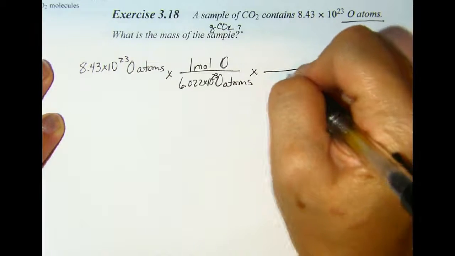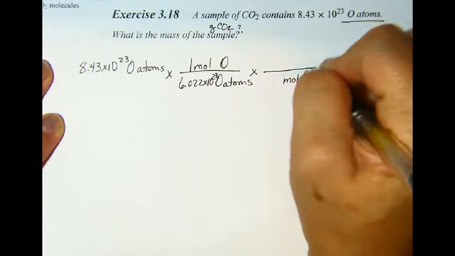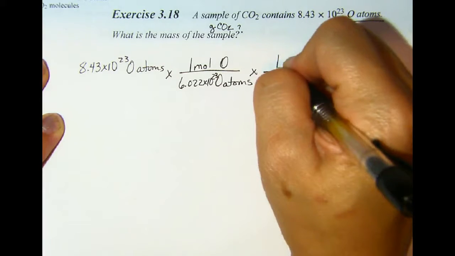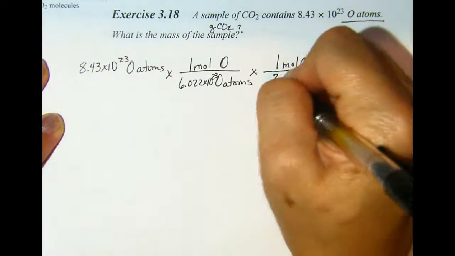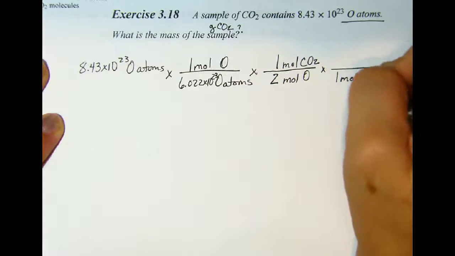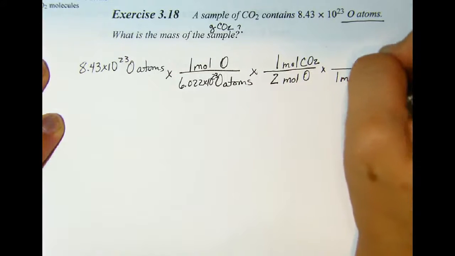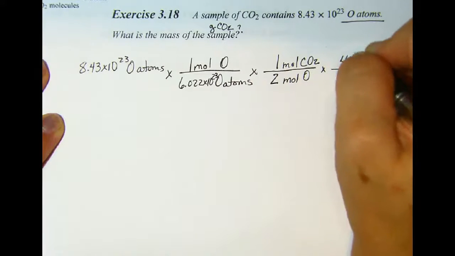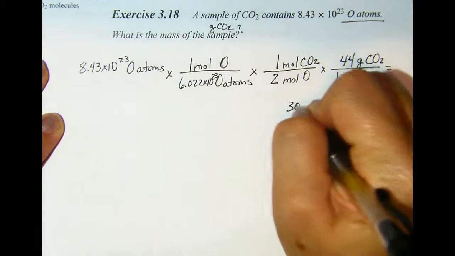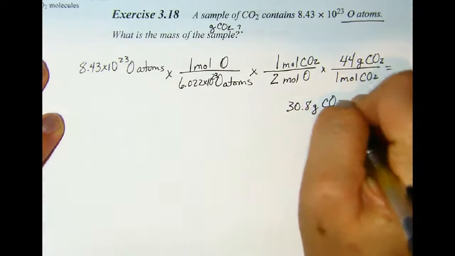And then you could do a mole-to-mole ratio from moles of oxygen to moles of CO2, because in 1 mole's worth of CO2 there are 2 moles of oxygen. And then from here I can go from moles of CO2 to the molar mass from the periodic table, which is 44, in order to calculate my final answer, which is 30.8 grams of CO2.